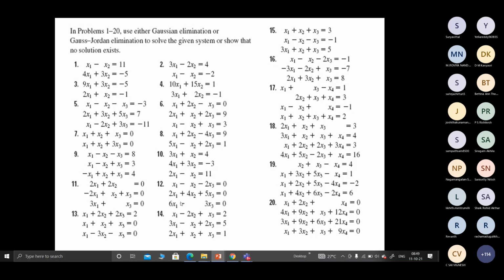Sir, after applying row operations, I got the last two rows the same, sir. So I will eliminate the last two by subtracting from the second row. Then I did not get how to solve the equation, sir. Okay. I did not get the value.